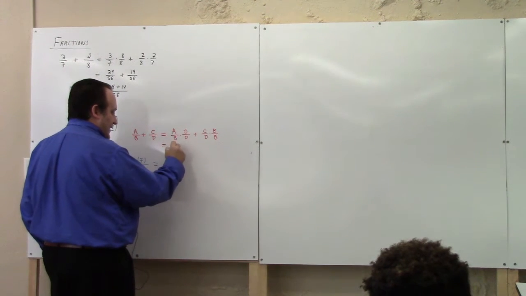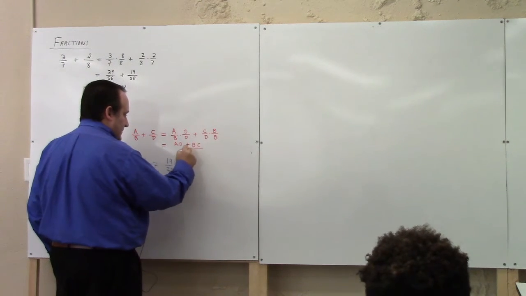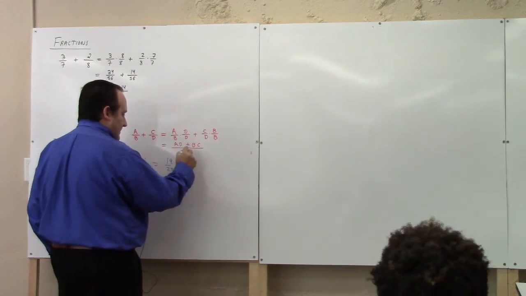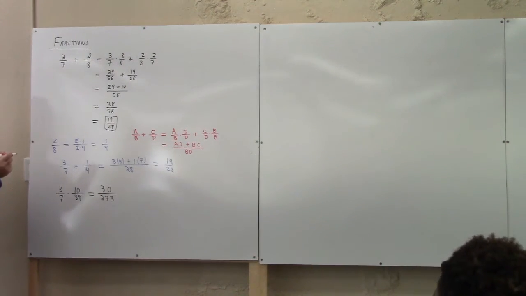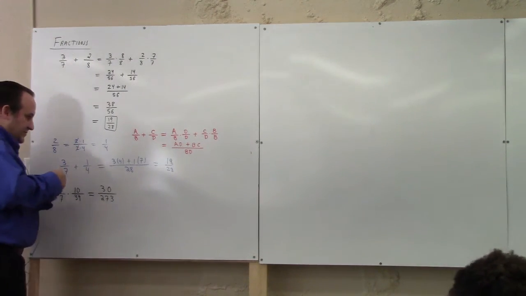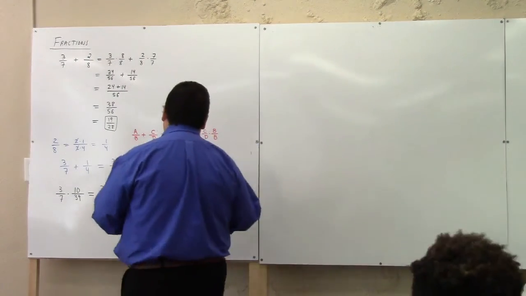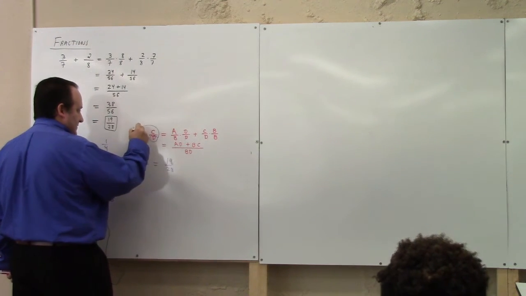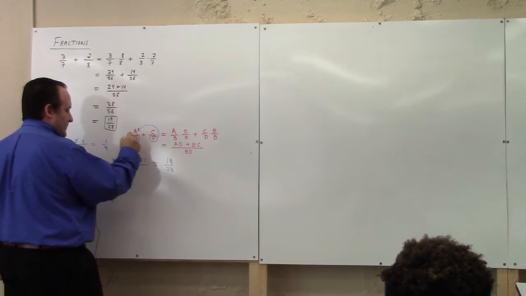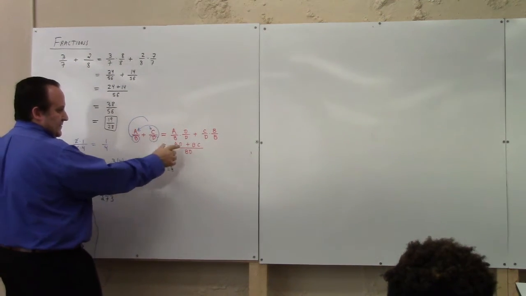So what we have then is a times d plus, let's say, b times c divided by bd, right? So what's the pattern there? You're multiplying this one up on this, and you're multiplying that one on that, right? And that's the pattern here.